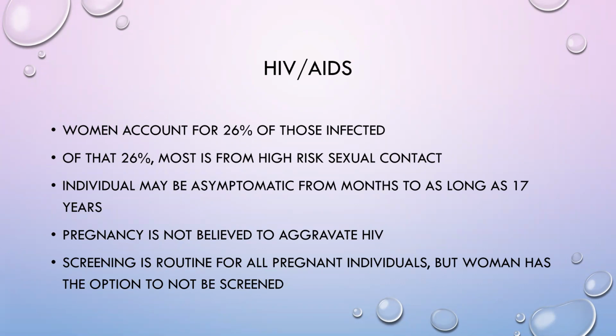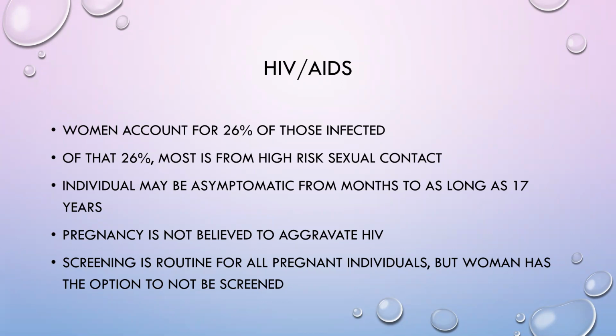HIV and AIDS: women account for 26% of HIV or AIDS infected people. Of that 26%, most are from high-risk sexual contact. Individuals, again, may be asymptomatic for a long time before they show symptoms of AIDS. Pregnancy has not been shown to aggravate HIV, but screening for all pregnant women for HIV is currently being done.